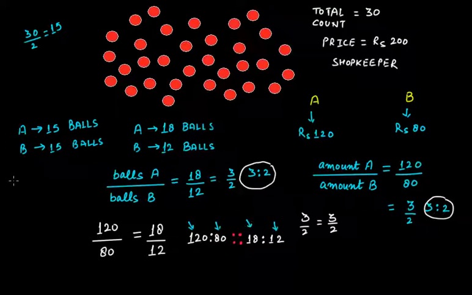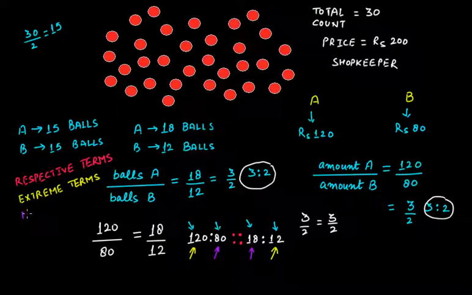These are called respective terms. 120 and 12 will be called extreme terms, and 80 and 18 will be called middle terms.